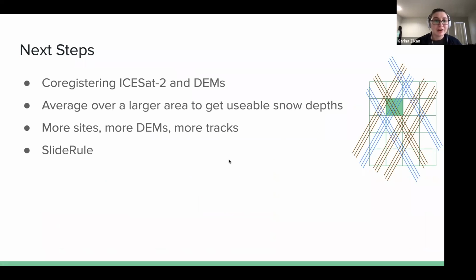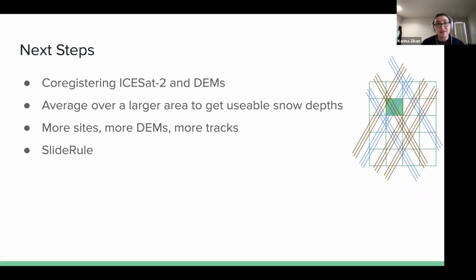Okay, thank you. So our next steps, as we've talked about: co-registration is our next really big hurdle that I'm definitely hoping to dig into after this. This is something I want to work with going forward. Once we get that co-registration working, we want to look at more sites, more DEMs, more tracks, just expanding the analysis and doing more comparison of what is the best methodology to be using.